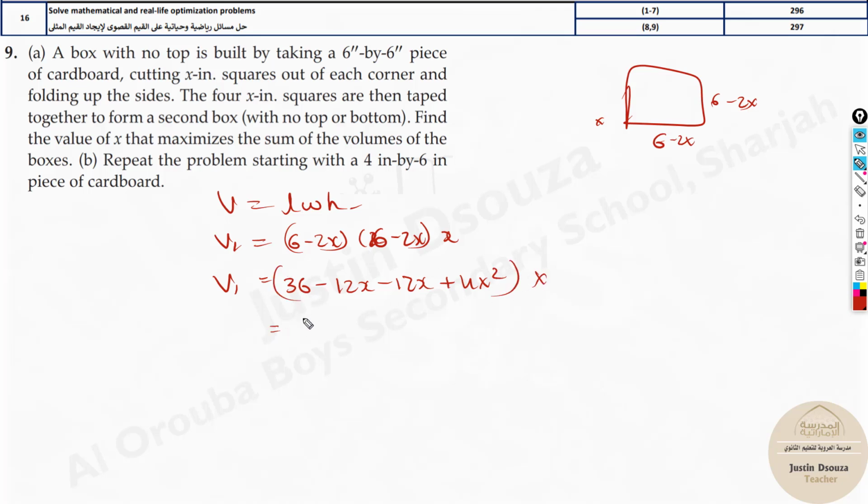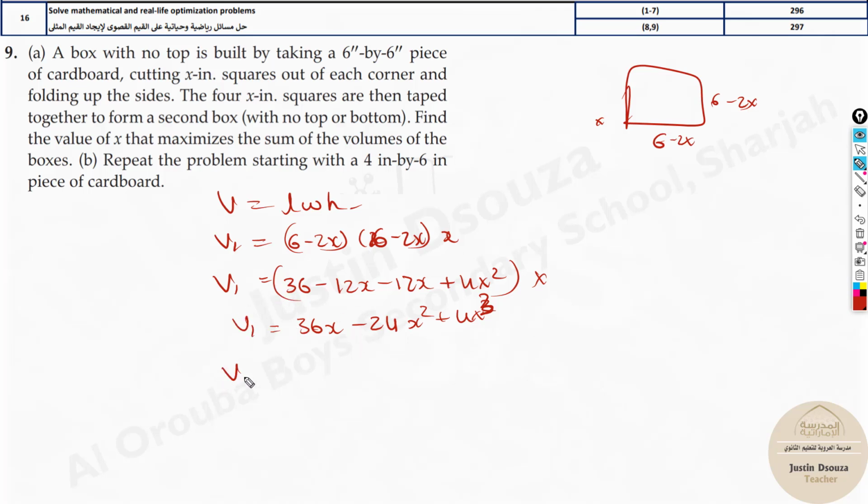And then it'll be 36x, minus 12 times 2 is minus 24x squared, plus 4x cubed. Something I've missed out. Over here there'll be x into x squared, which is x cubed. So this is basically the volume of the first box.